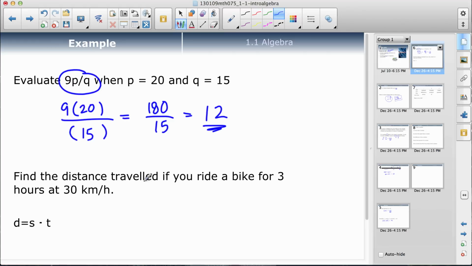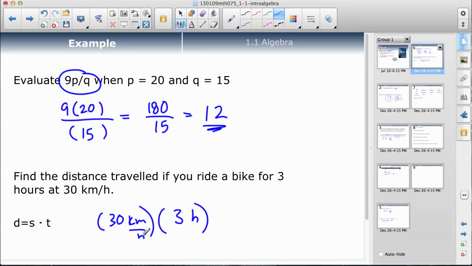Here's another application, distance, rate, and time. Find the distance traveled if you ride a bike for 3 hours at 30 kilometers an hour. So here's our formula. Distance equals speed or velocity or rate times time. So my s, that's the speed, would be 30 kilometers per hour, multiplied by the time, which is 3 hours.